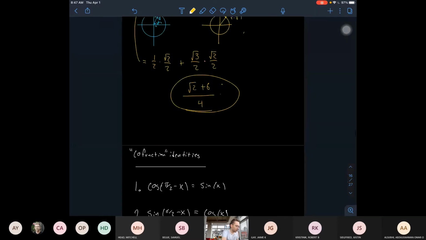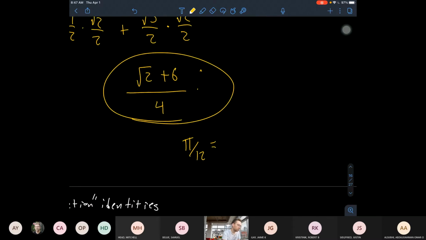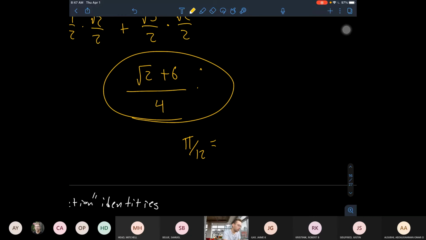For example, you could try to say that pi over 12 is equal to, let's see, negative pi over 4. Well, this is kind of the same, I guess. Negative pi over 4 plus pi over 3. I guess that's really more of a rearrangement. And then you could use the sum formula. So that would work.